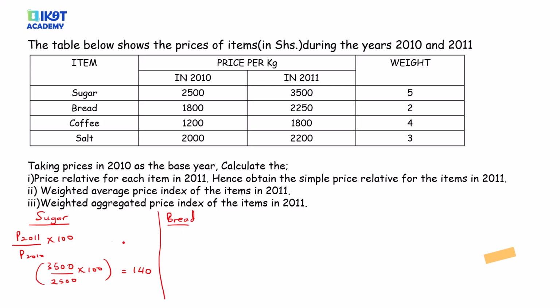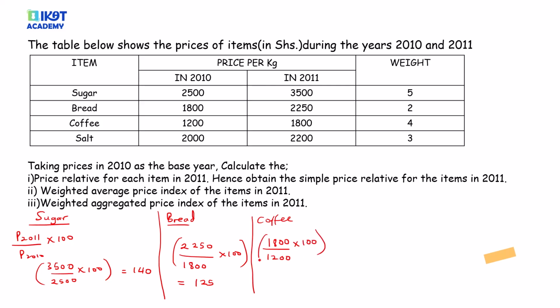Then we go to bread. But I'm not going to quote the formula again because I have little space. So for bread, the price in 2011 is 2,250 over the price in 2010, times 100. This is going to give you 125. Then you go to coffee. For coffee, you say what's the price in 2011, 1,800 divided by 1,200 times 100.